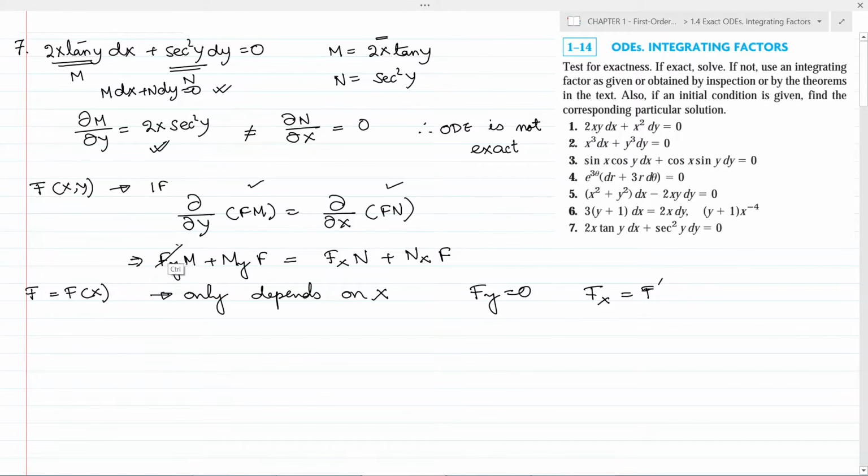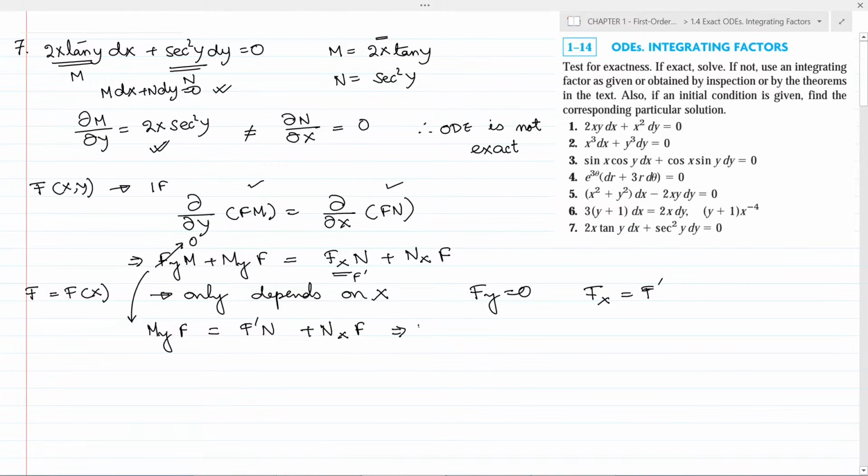So, this term f_y becomes 0 and this f_x can be written as f dash, and this whole equation becomes M_y f equal to f dash N plus N_x f.